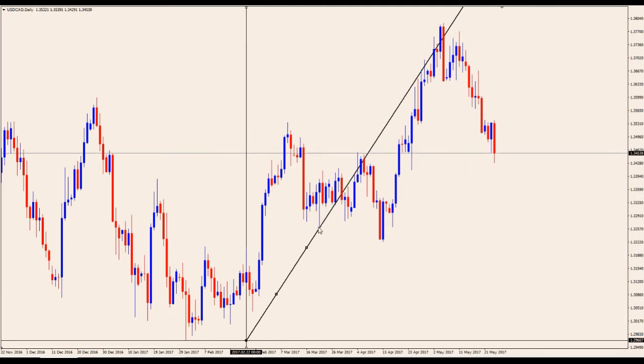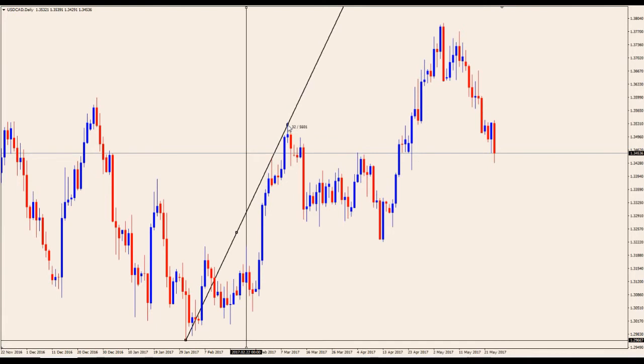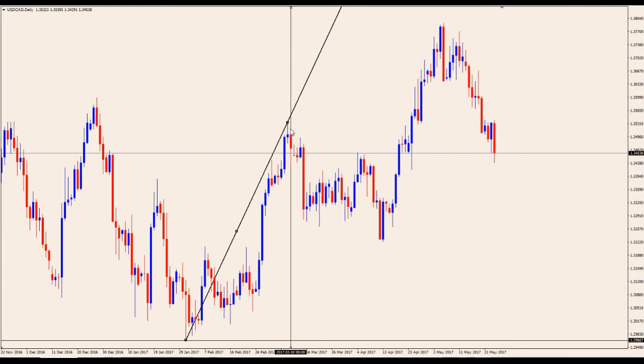Now, really this right here is not so much what we're going to look at because the market's been moving sideways right here, but when the market got to this line right here, the sideways behavior stopped, and then we got the little blip down, and then it comes back up like that. And we'll start here, come all the way up to this big top right here.